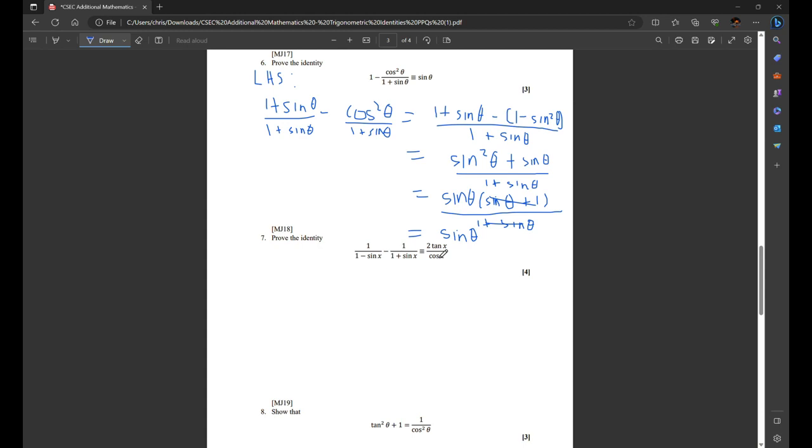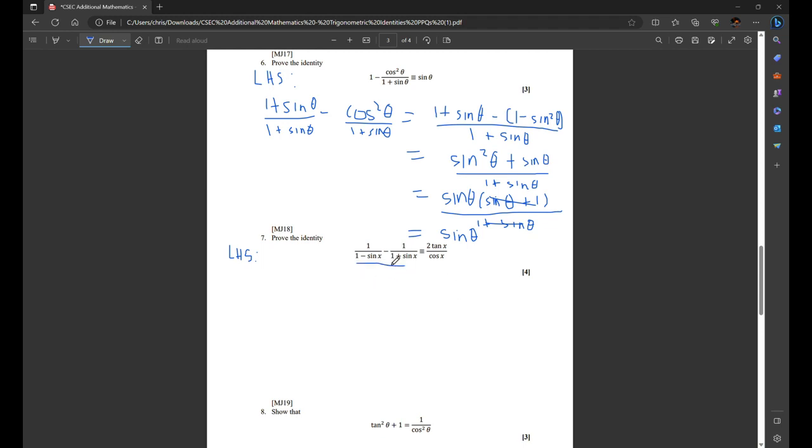This is one of those questions where I think some people would probably use the right hand side, but I'm going to stick to the left hand side because it looks like there's a bit more numbers and functions to work with. So I'm going to make this left hand side into one fraction.